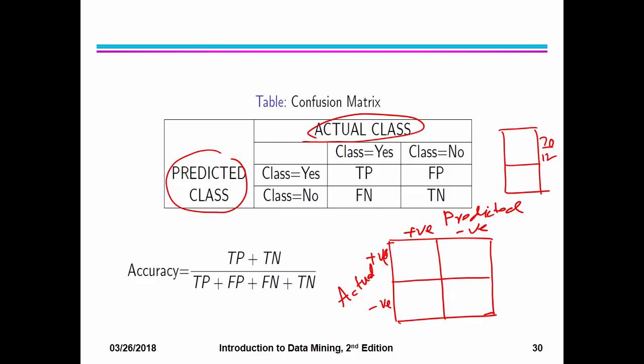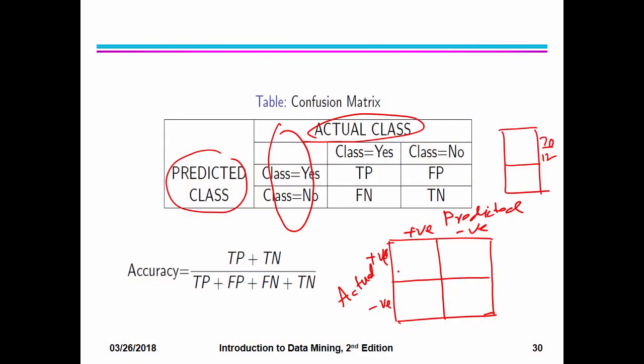Earlier we said each column gives the actual class level. Now each row will give the actual class level. So, if you add this row you will get 12 entries here, and if you add this one you will get 8 entries here.